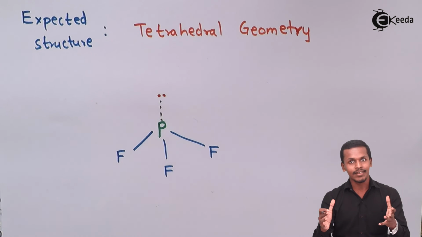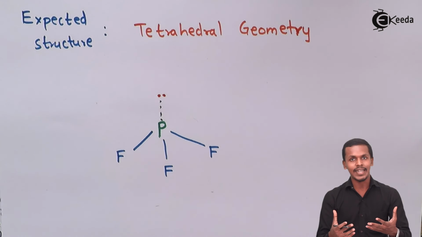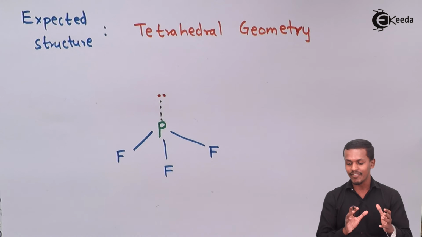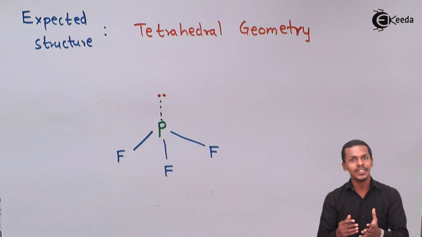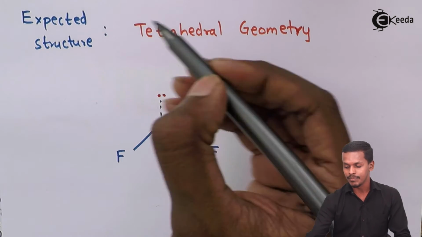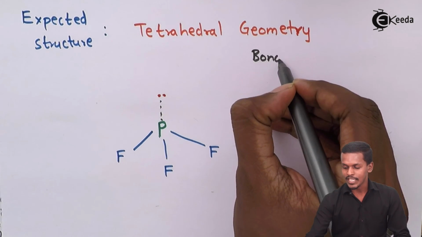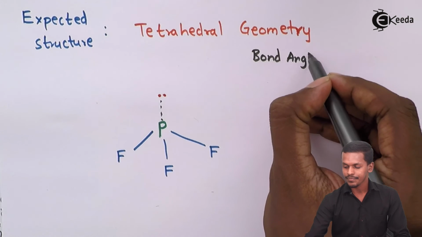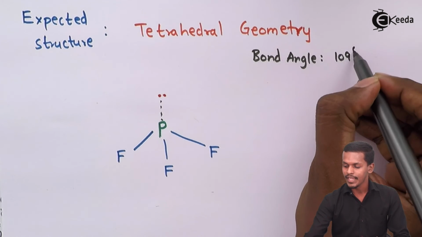Obviously a lone pair of electrons will have an effect on the bonding pairs, and that is how the bond angle changes. Because it is showing tetrahedral geometry, the expected bond angle would have been 109 degrees 28 minutes.